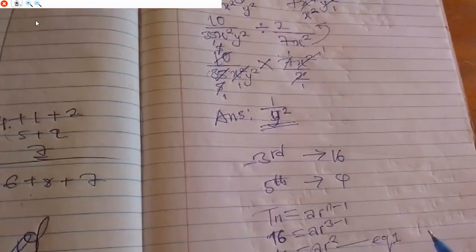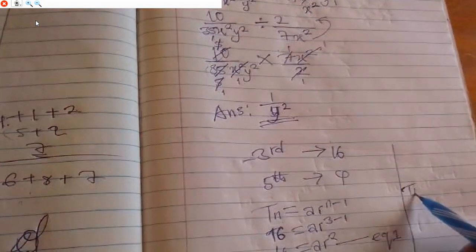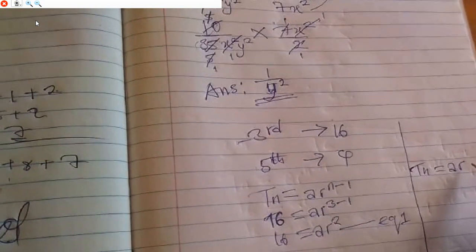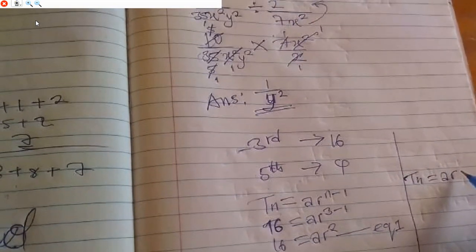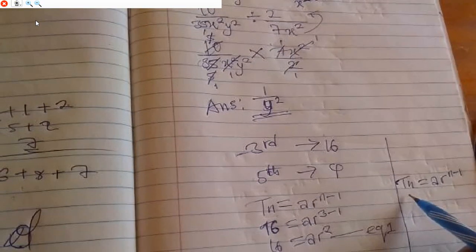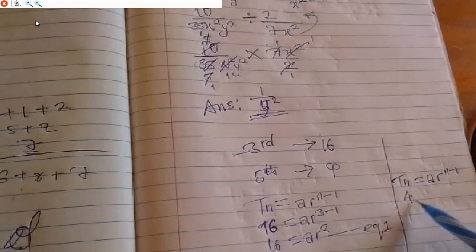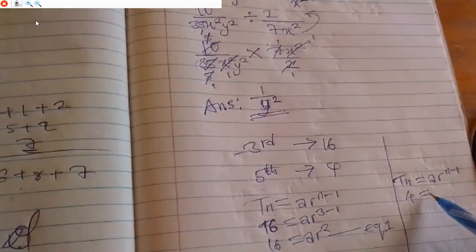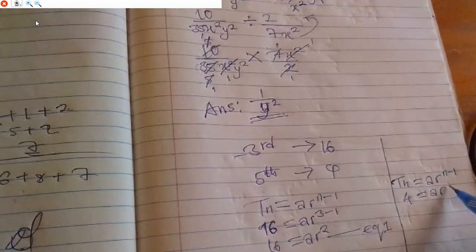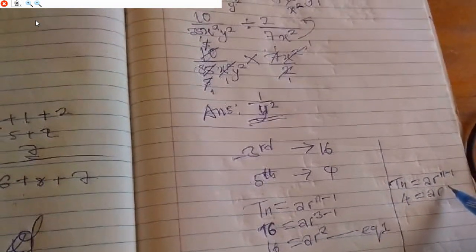Then we go the other side, we say Tn equals ARn minus 1, just like this. Where there is Tn, we'll replace with 4. Then we'll say 4 equals AR, because A we don't have, that's what we're calculating for, R to the power of the fifth term, which is 5 minus 1.